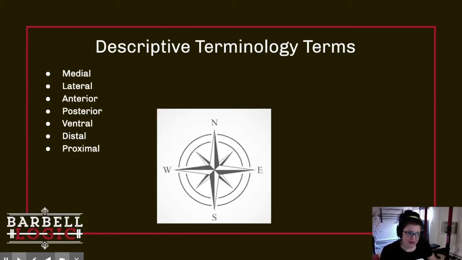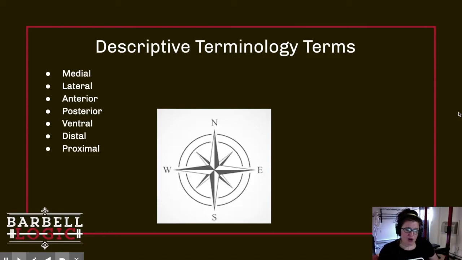Ventral is a synonym for anterior, and dorsal is a synonym for posterior, just to make things a little bit more confusing. But we actually use the terms ventral and dorsal in strange exceptions with the hand and feet, which seems to be flipped when you first think about it. But if you remember that we determine these directions from the anatomical position, it makes a little bit of sense.